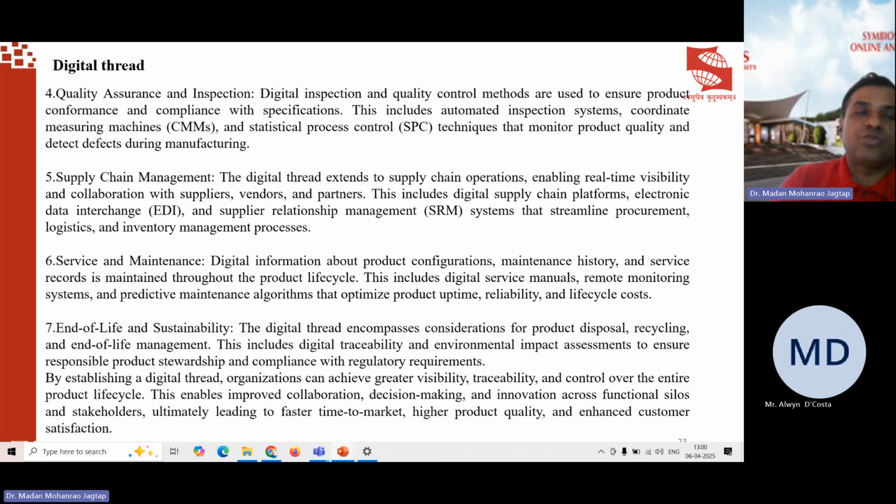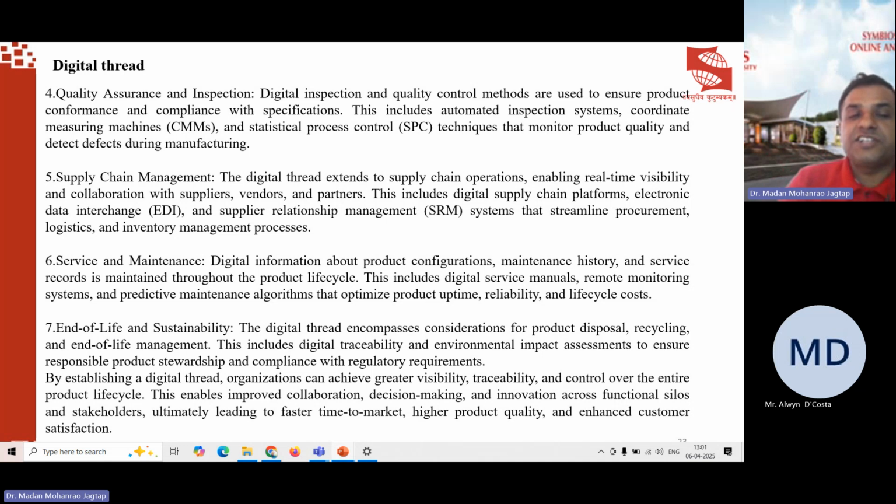Manufacturing data gets transferred to quality assurance and inspection. Quality assurance and inspection data gets transferred to supply chain management. Supply chain management data gets transferred to the service and maintenance step. Then from the service and maintenance step, it gets communicated to the end of life and sustainability step.